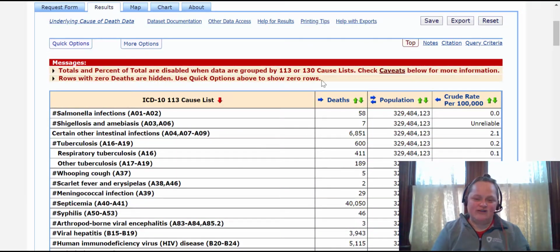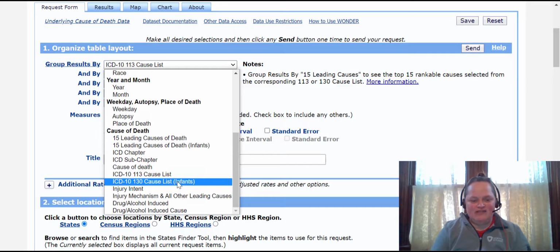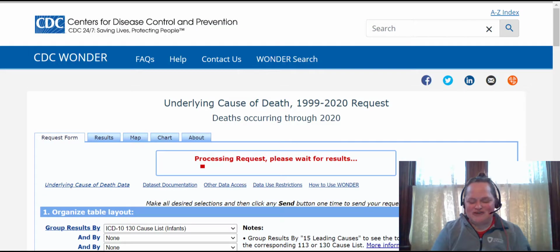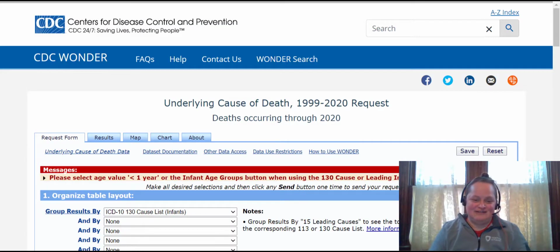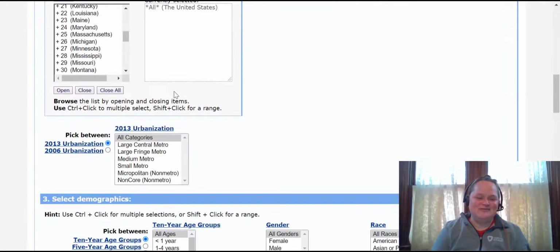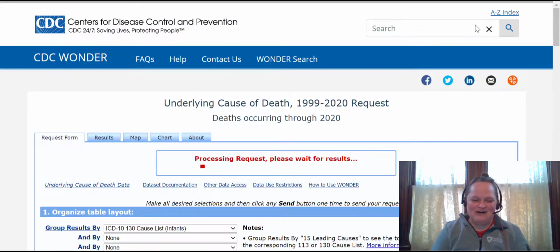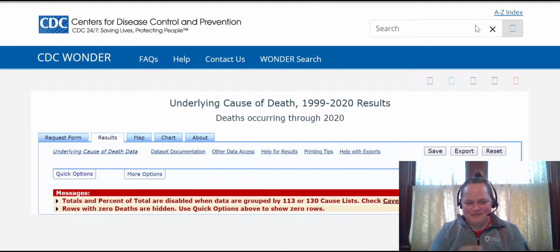rankable causes. There's a 130 cause list, which is different, and it's intended for use in infant mortality. So let's do this without restricting the age. Okay, so they do force you to only apply it to under 1 year. Okay, so I'll do it only under 1 year. There you go.